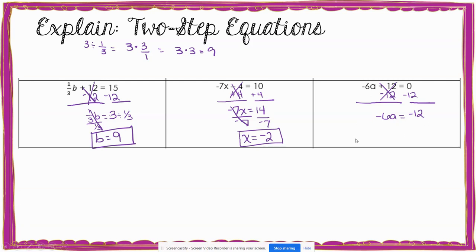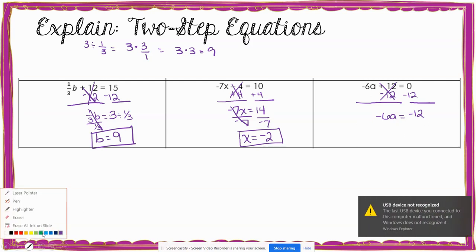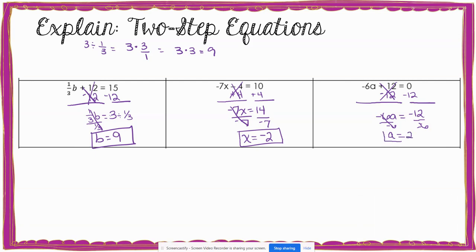So I'm going to divide by negative 6 on both sides here. When I divide by negative 6, these will cancel to leave me with a equals negative 12 divided by negative 6 is positive 2. So that means that my solution is a equals positive 2.